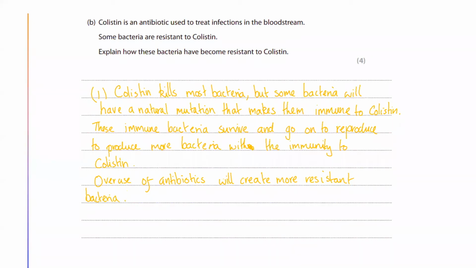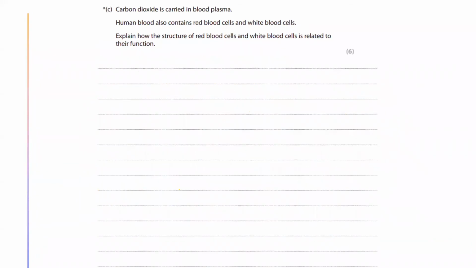Because what you're doing there, you're eliminating ones that are not immune to it. And if you leave the ones that are immune to it, they'll multiply and create lots of ones that are immune to it. That's why doctors don't want to overprescribe antibiotics. You just get stronger and stronger bacteria that are immune to it. That's why you don't want to prescribe it too much.